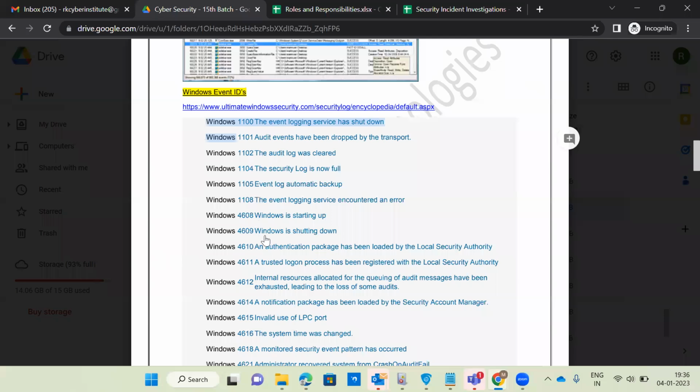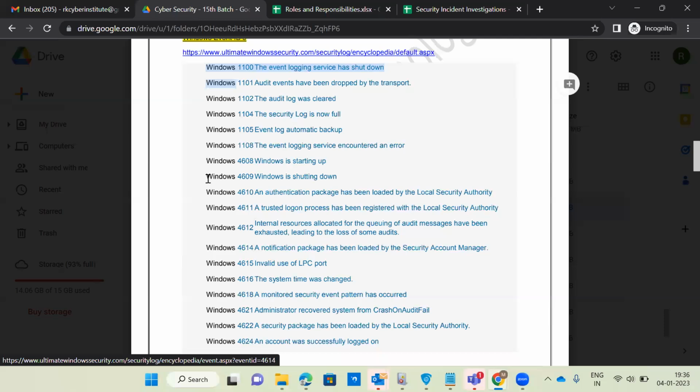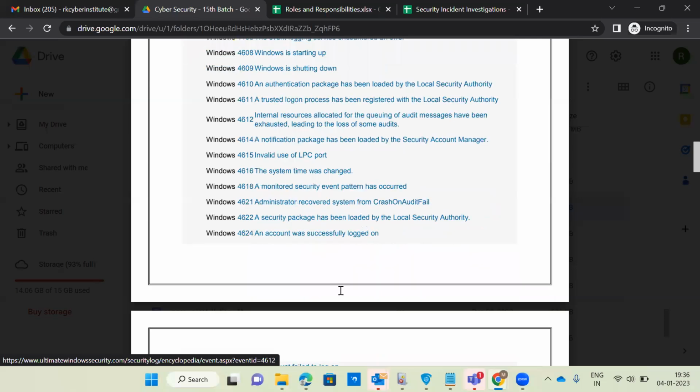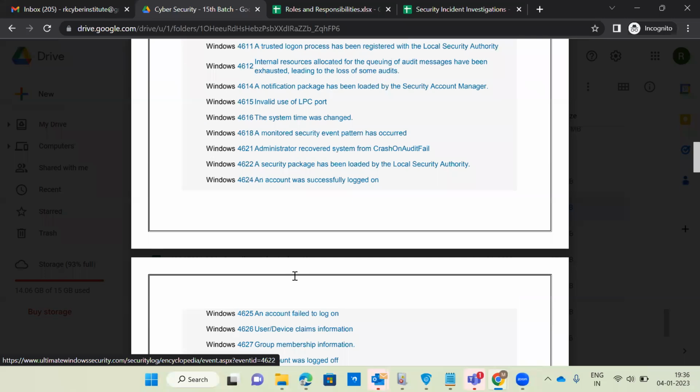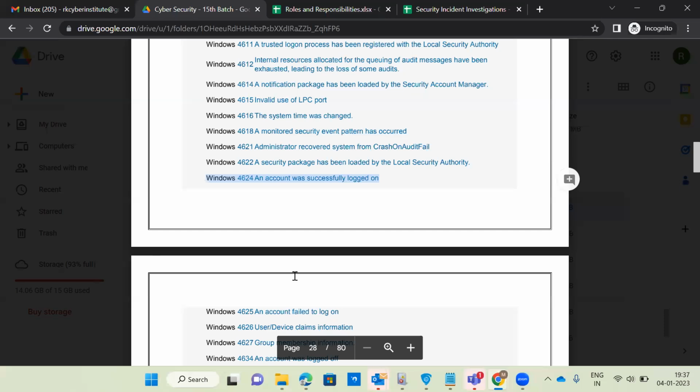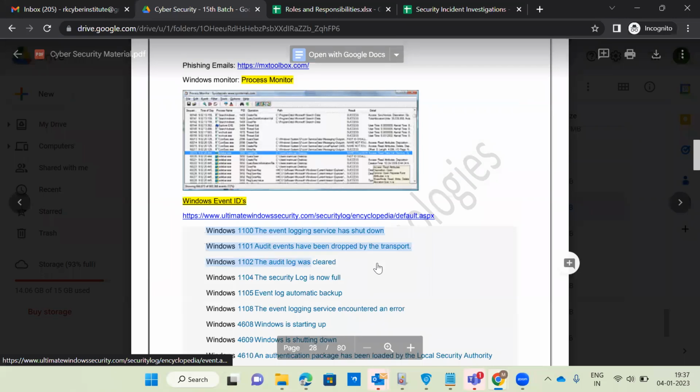Everybody will say only 4624 and 4625, but nowadays interviewers are very smart. They ask, can you explain any other 3 besides these two? So please go through at least these 3 or whatever you like. Are you getting it? Yes, sir. Okay, done. This is one of the favorite interview topics, guys.